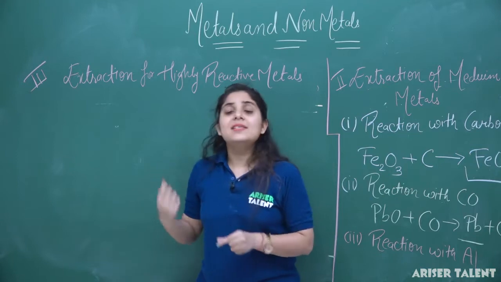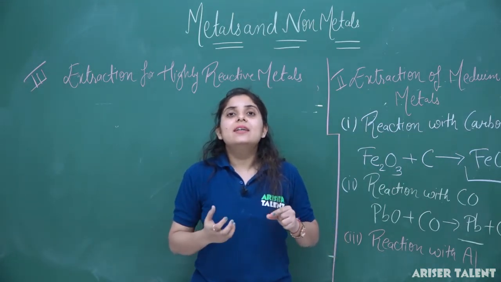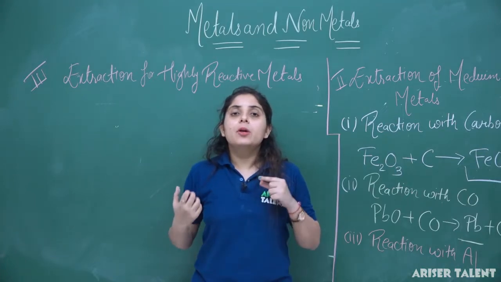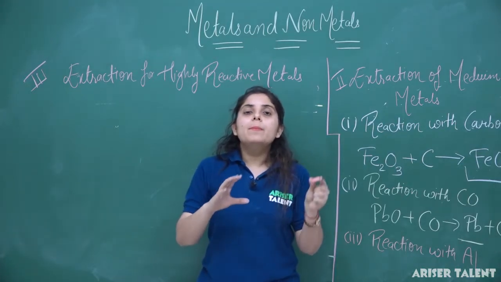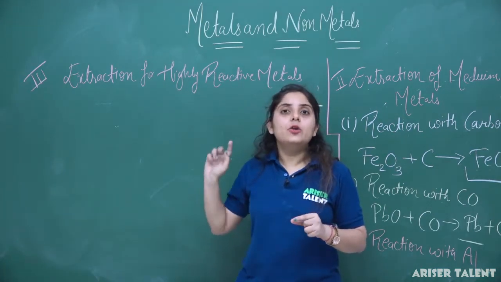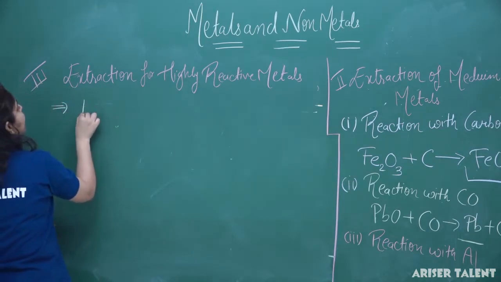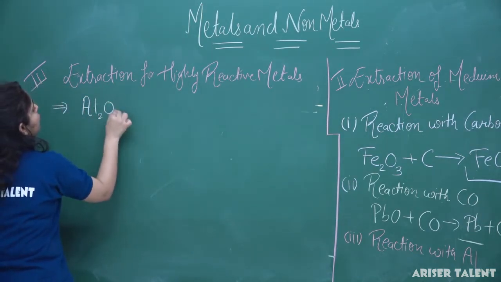If we are doing this type of reaction using electricity, it is considered electrometallurgy, because the metallurgy is performed by using electrochemical processes. So it is only for the highly reactive metals. So what we are doing here, we are taking Al2O3.